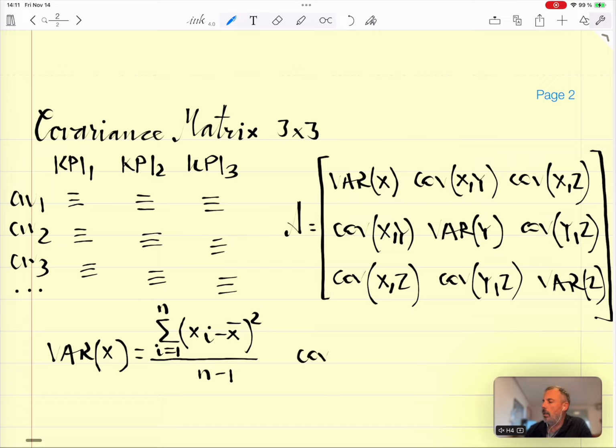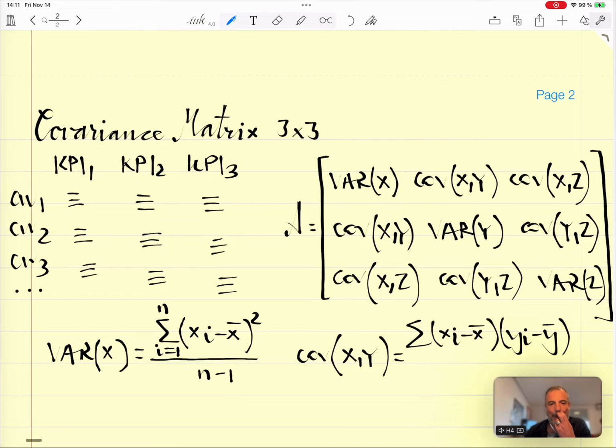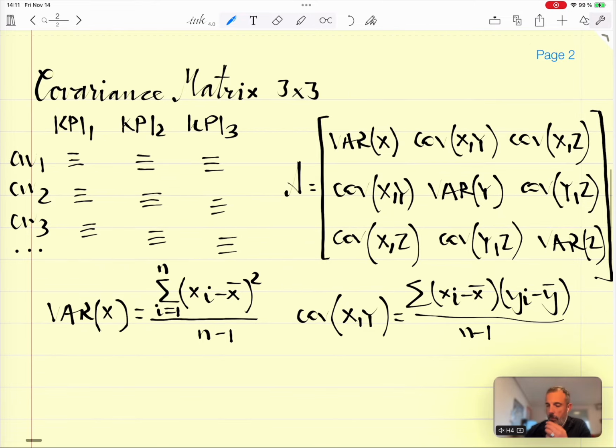The covariance of x and y is x sub i minus x mean, times y sub i minus y mean, divided by n minus 1. Okay. Is that cool?